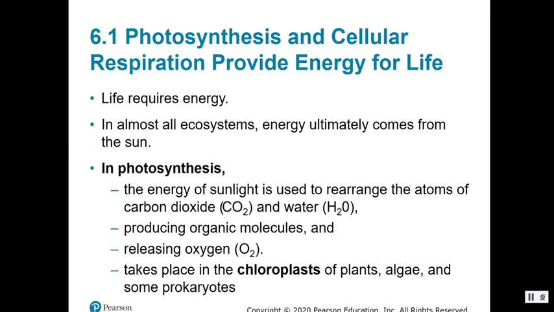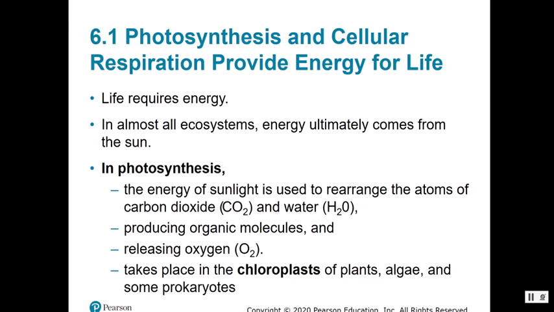Again, we're looking at objective number 1, which says compare the processes and locations of cell respiration and photosynthesis. Both of these, photosynthesis and cell respiration, provide energy for life. And we know life requires energy. In all ecosystems, that energy ultimately comes from the sun.